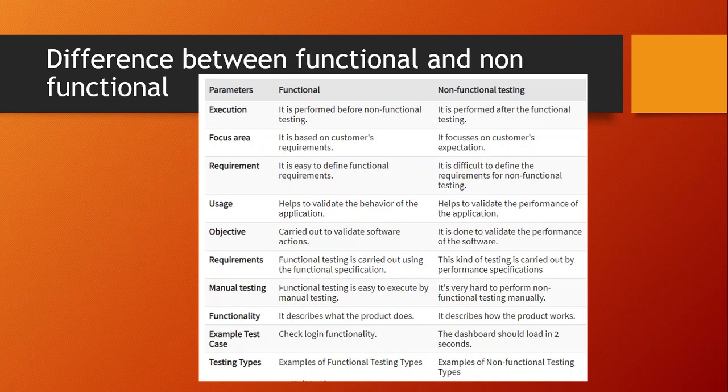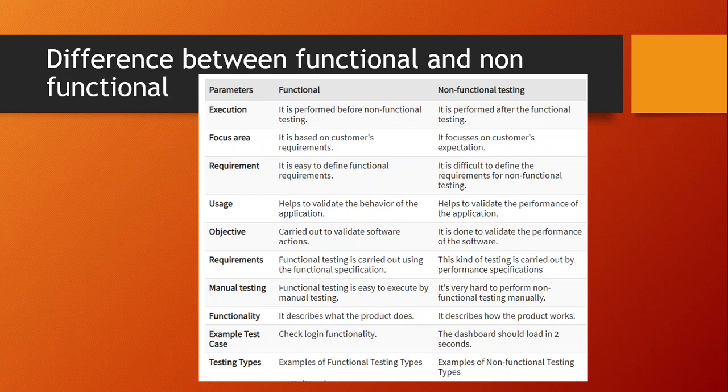Okay. All right. So let's look at the difference now between the functional and the non-functional. So functional testing, when it comes to execution, is performed before non-functional testing. Just like we said before, it is always very important to first perform functional testing before non-functional testing. Okay, first test the features before you test the quality of the system, because the quality of the system will be determined by the features of the system.